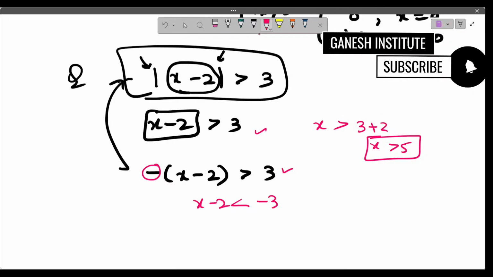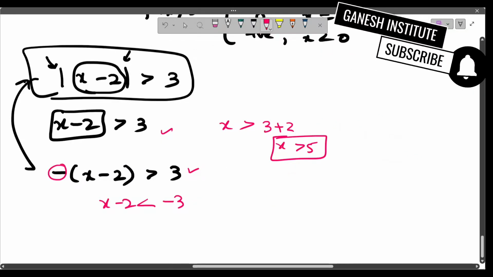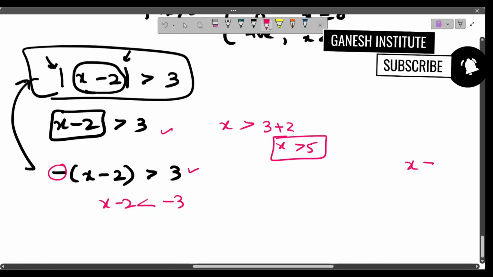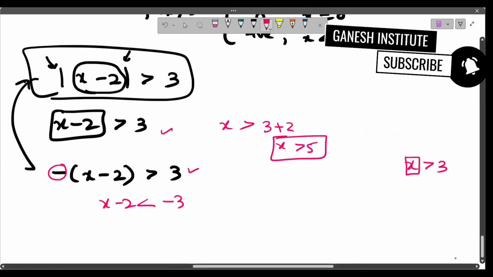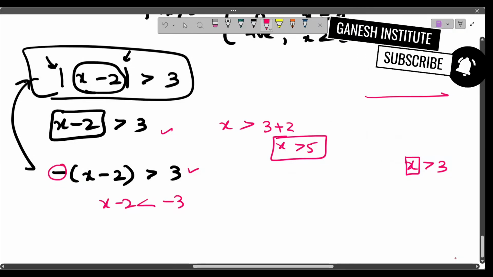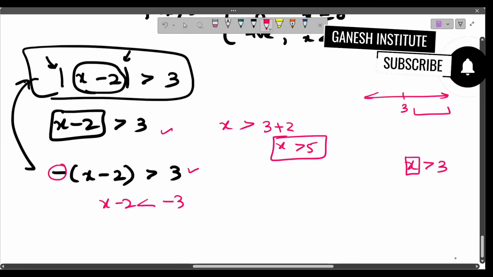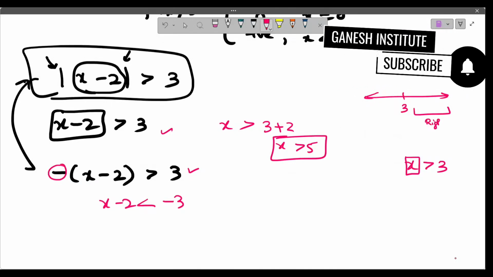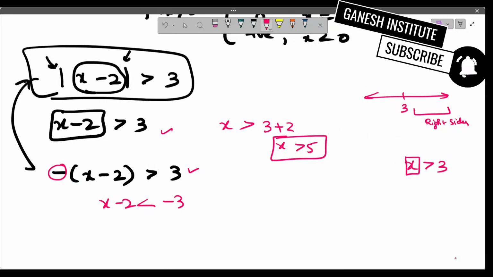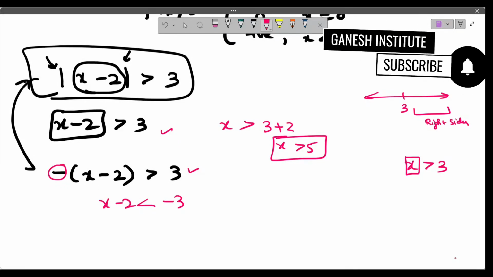Why is it so? Because let's say you have a number which is greater than 3. Assume you have a number greater than 3, that means it lies on the right hand side of the number line, right? Any number greater than 3: 3.1, 4, 5, 6, 10, 12.